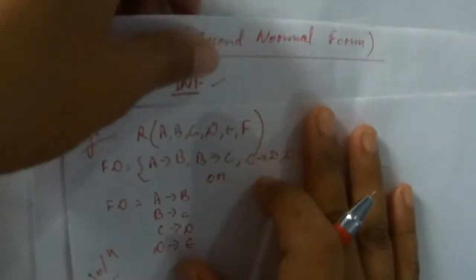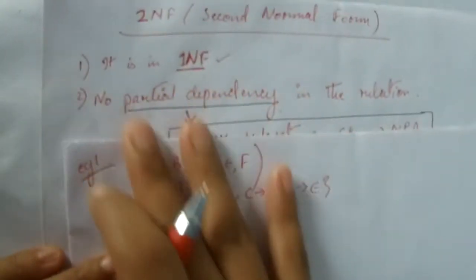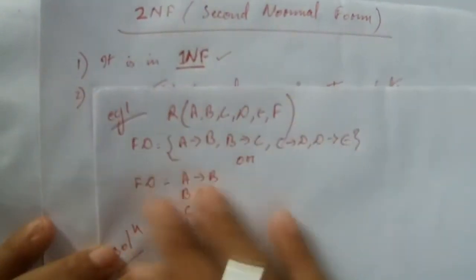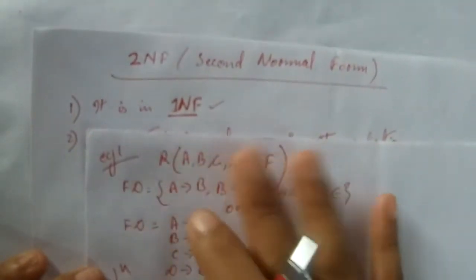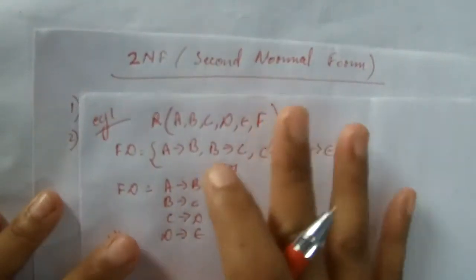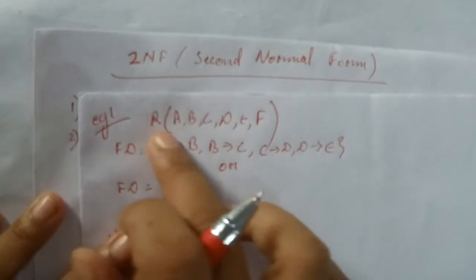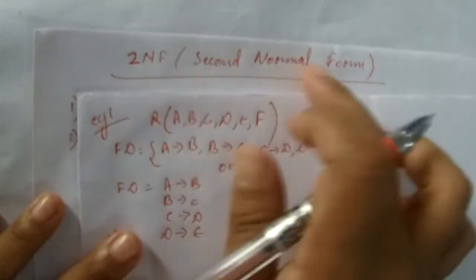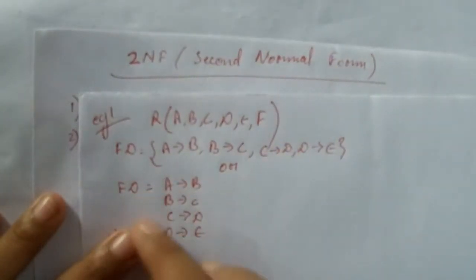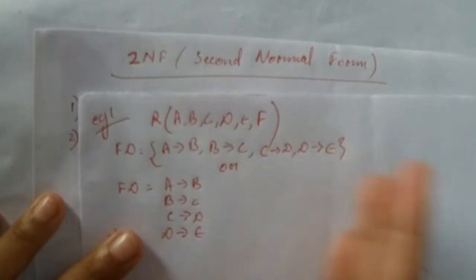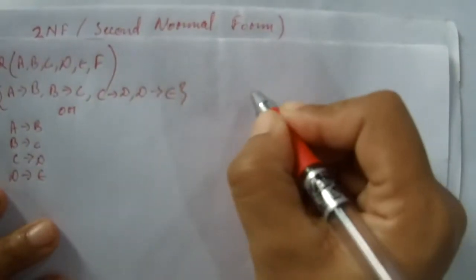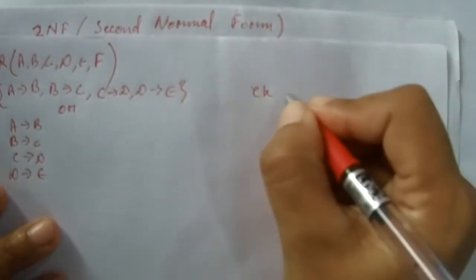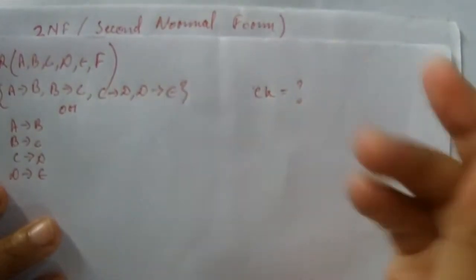Now the second point we need to focus on while solving this. In this example we have to analyze whether this relation is in second normal form or not with the help of these functional dependencies. For that we need to find the CK, candidate key.